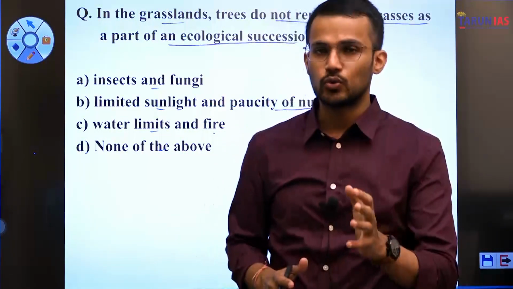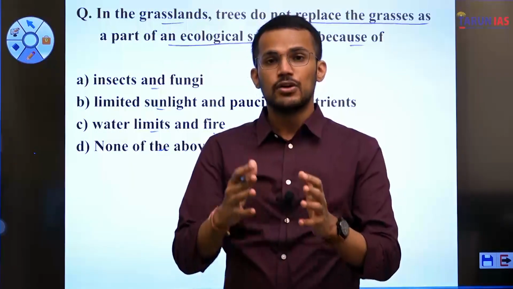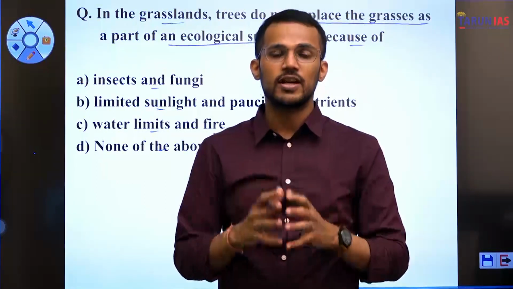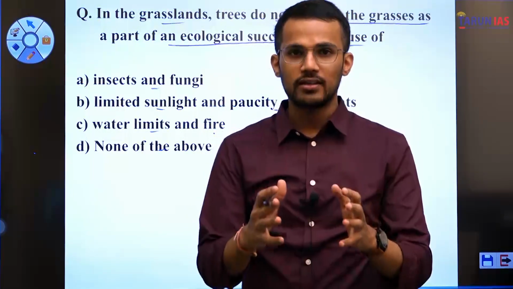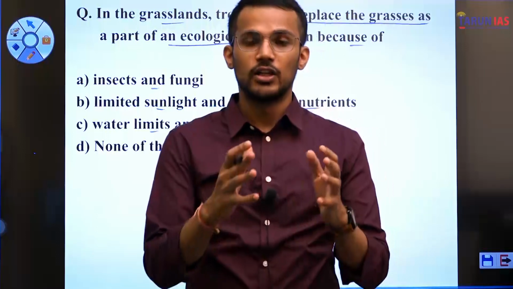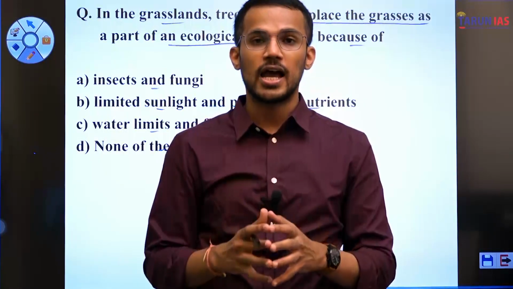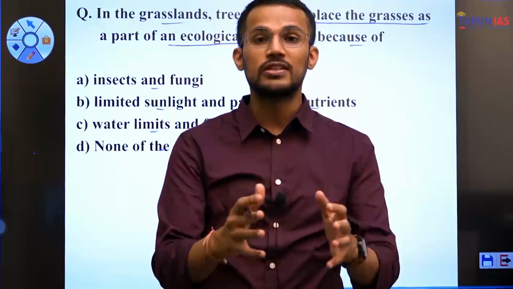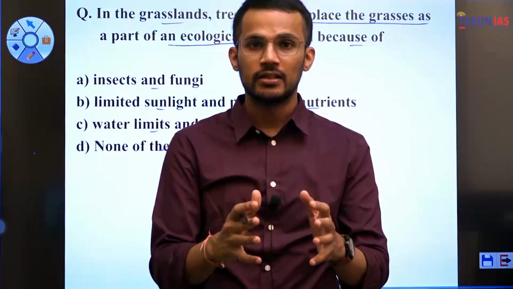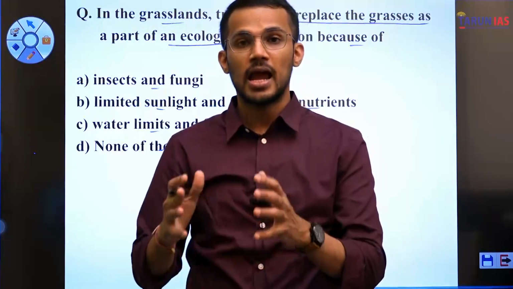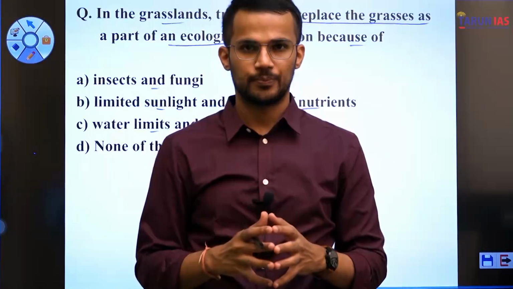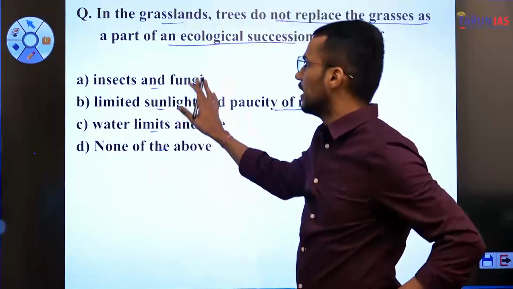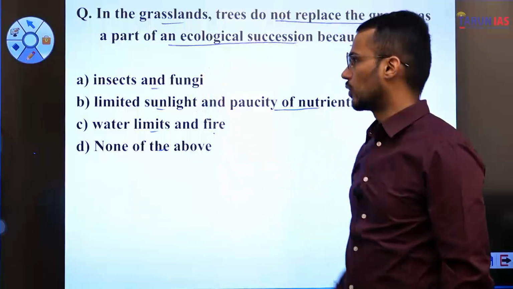Right? So, this question asks us why trees are not able to replace grasses in the grassland locations. We know that grasslands are the locations which are called ecotones. That means they are a transitional zone between forest ecosystem and desert ecosystem. So let us consider the different options given for this particular question.